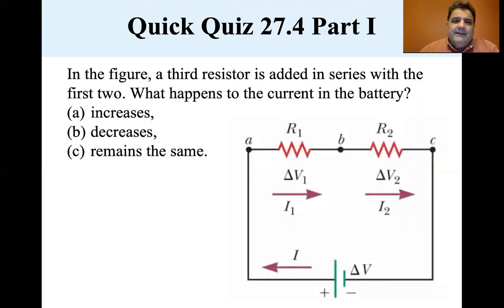All right. In the figure, a third resistor is added in series with the first 2. What happens to the current in the battery? You're adding more resistance, so the current is going to decrease because, again, V divided by R, if you add another resistance, the current decreases.